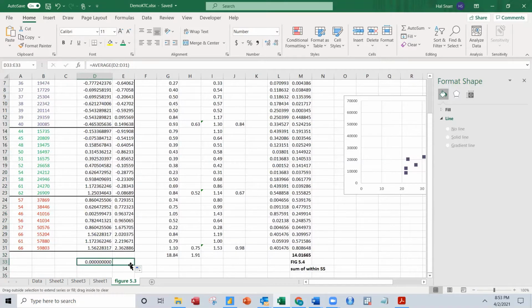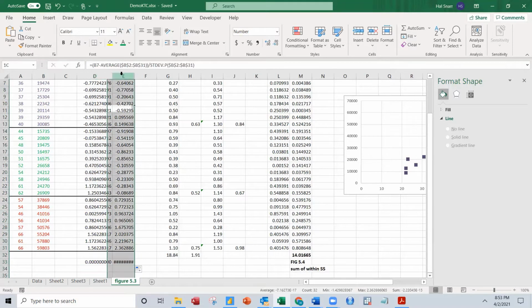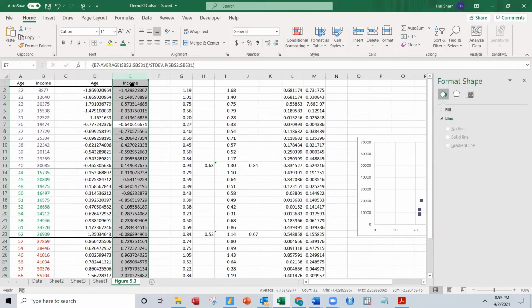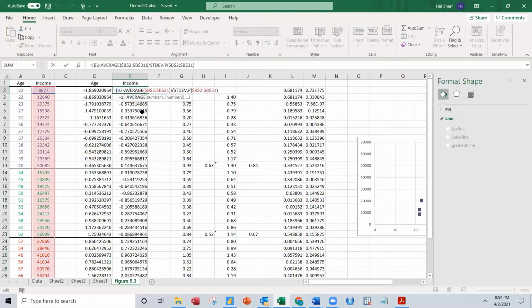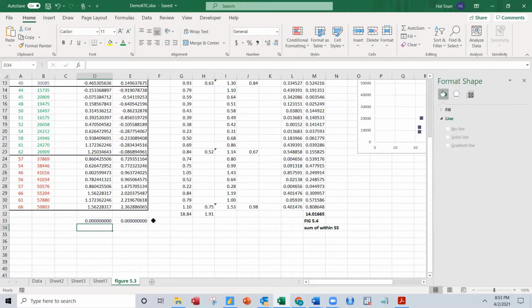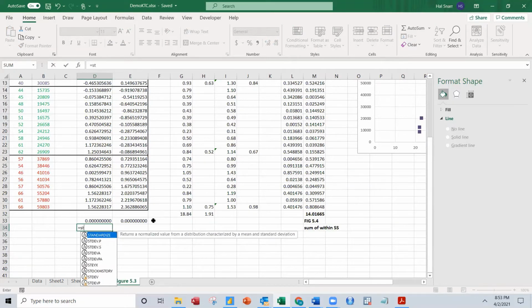This has mean 0, right? Because again, for income, we're taking that 8,877 minus the mean and dividing by the standard deviation. What is the standard deviation of a standardized variable? 1.